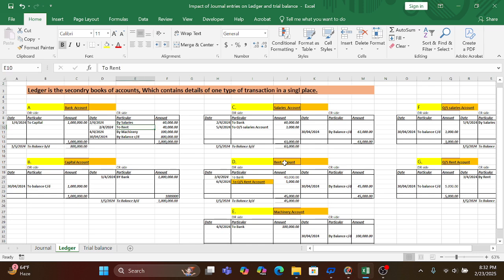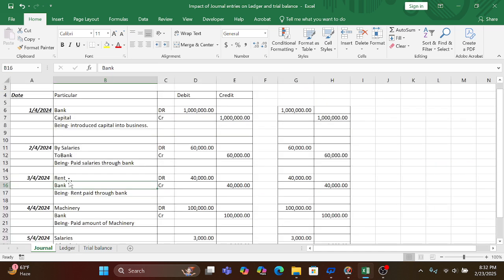So here I have paid the rent, so in a rent account I have to show "to bank", because here the entry is rent account debit to bank. This is a credit side, so credit is a "to" side and debit side is a "by" side.